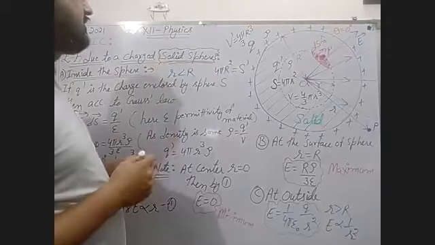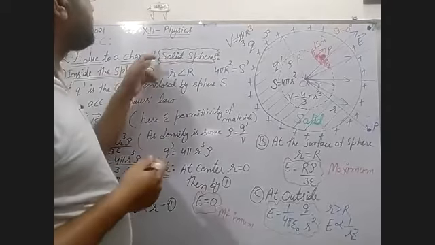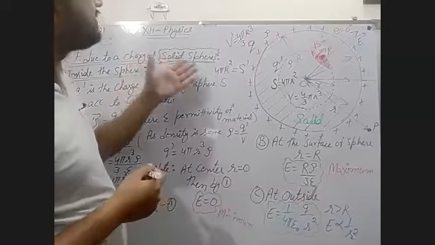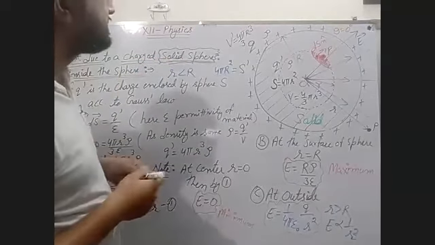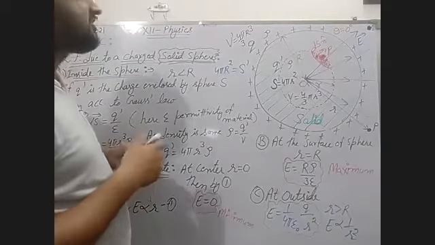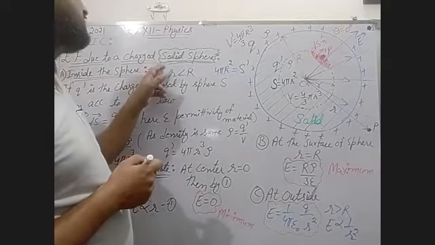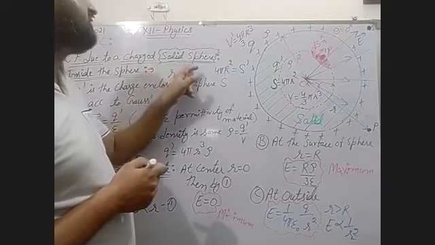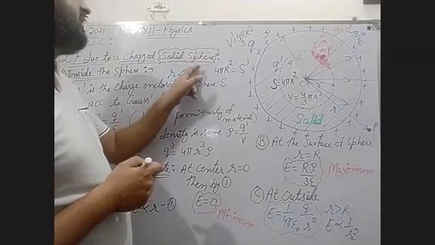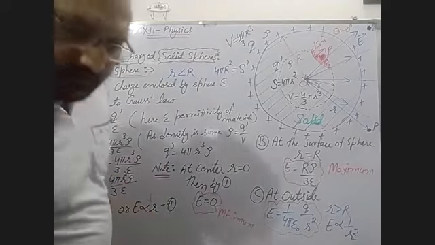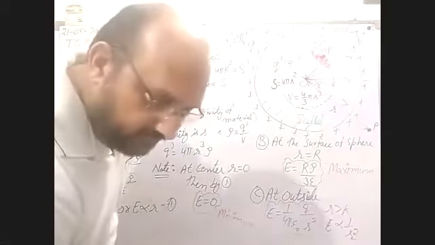Some students have a problem with hollow sphere or solid sphere. What is the difference between them? A hollow sphere is also a shell. So look at this carefully in your examination, whether it is a solid sphere or a hollow sphere. Now let us begin this topic.